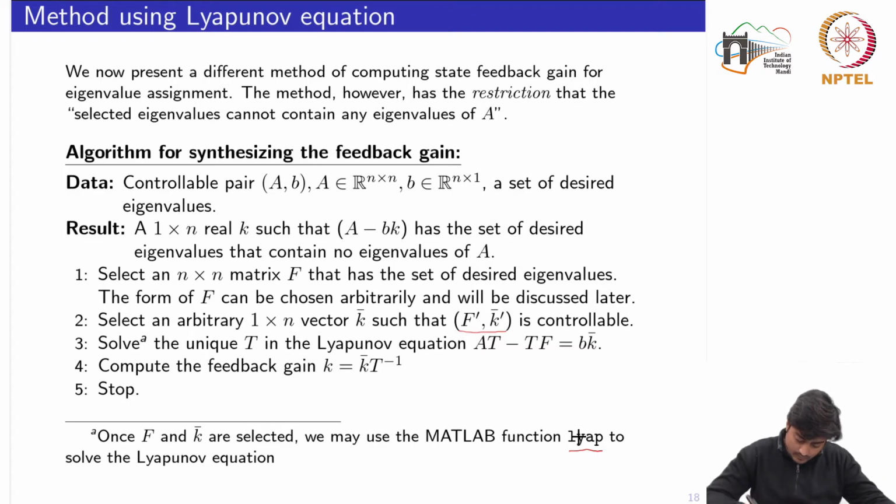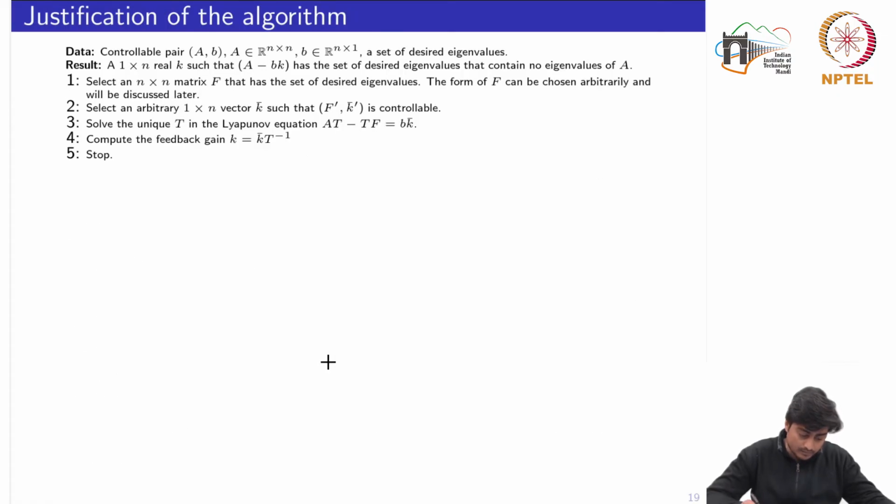Okay. And once this k bar matrix or vector is selected, we can solve this Lyapunov equation for T, and after putting T here we would obtain the state feedback vector. So how do we make sure that whatever k we have computed is going to yield the set of desired eigenvalues?